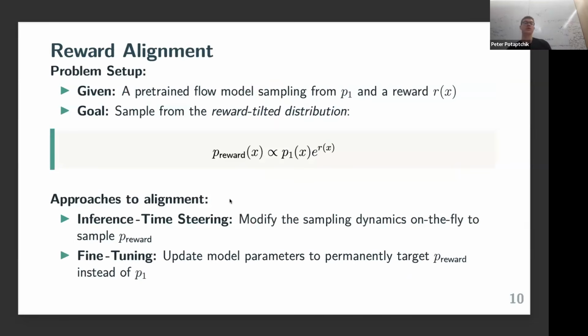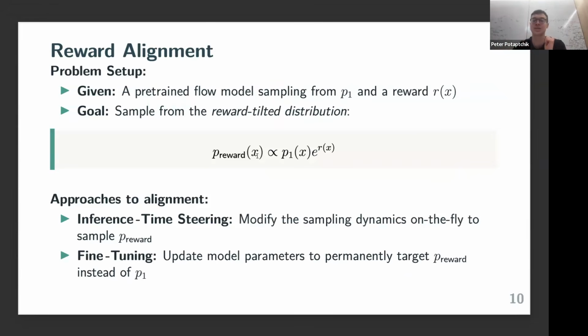Okay, so now let's come to the problem that we're interested in, reward alignment. We have our pre-trained flow matching model that samples from the data distribution P1, and we have some reward function R of X. This reward can be arbitrary. It could be a likelihood, it could come from an inverse problem, it could be a black box neural network that measures whether images are pretty or adhere to captions, whatever you want.